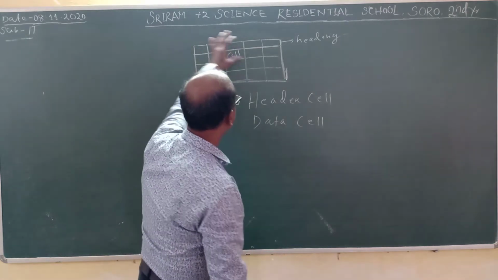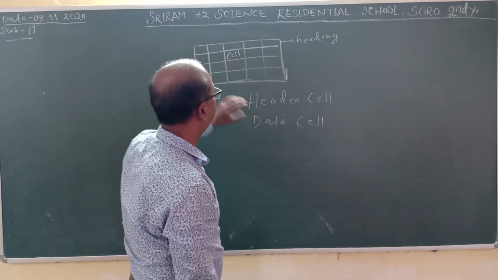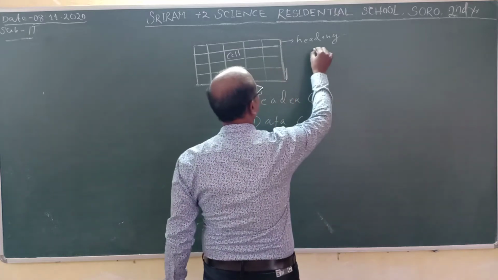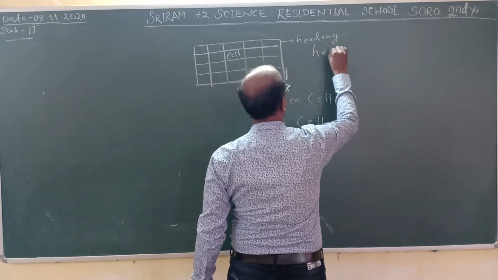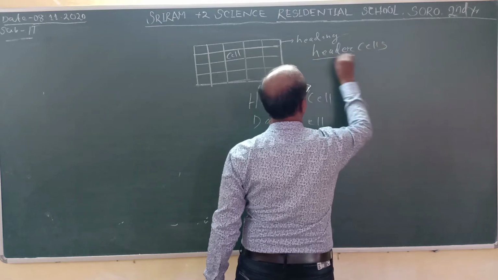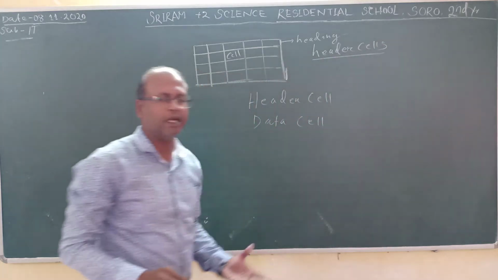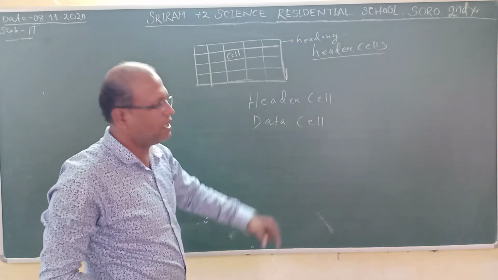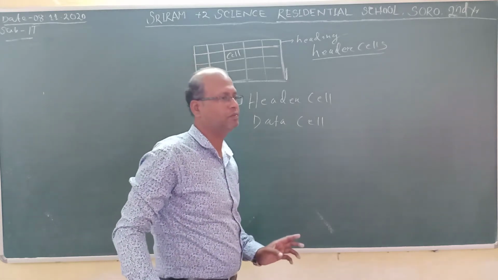The topmost row of the table is known as the heading, and that heading is the collection of some header cells. Header cells contain some information about the heading of the table.